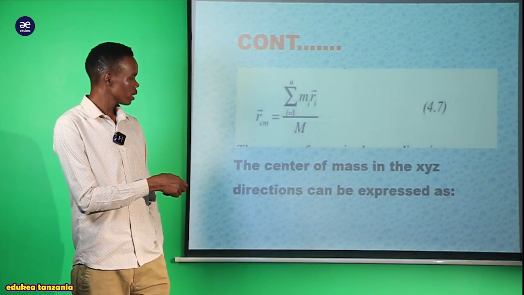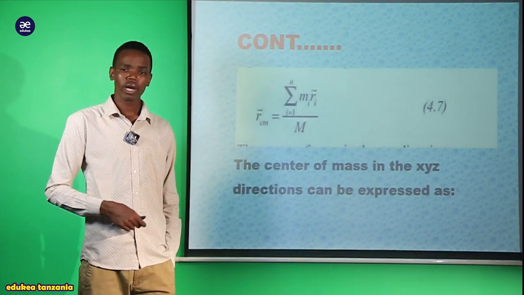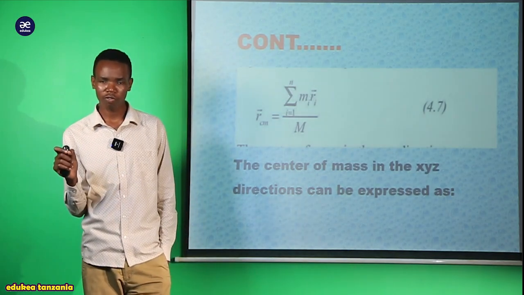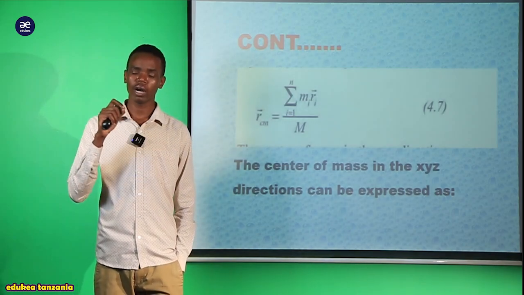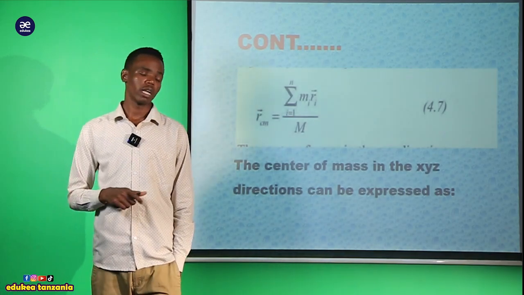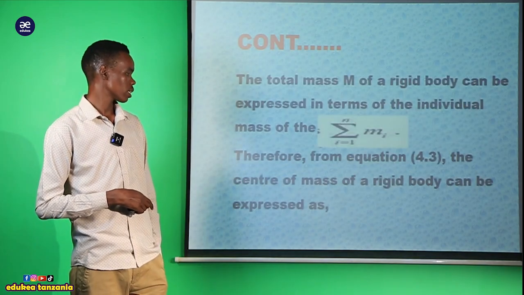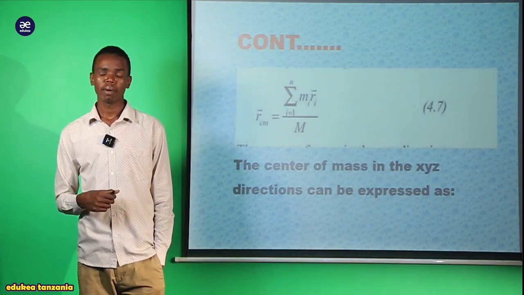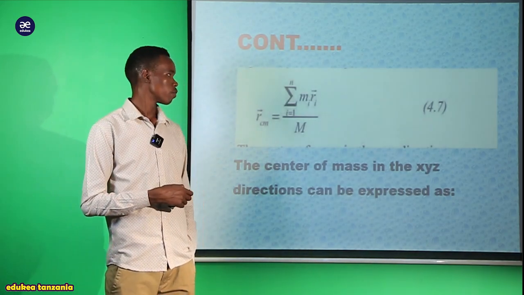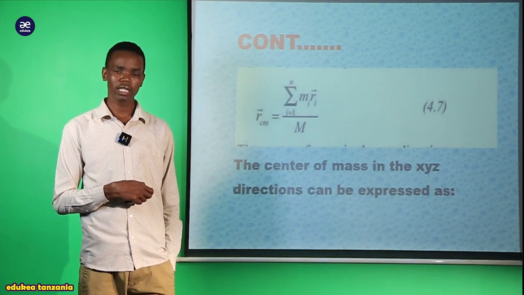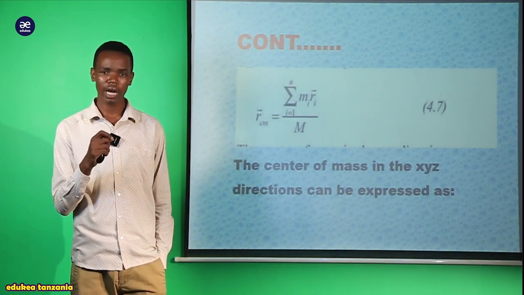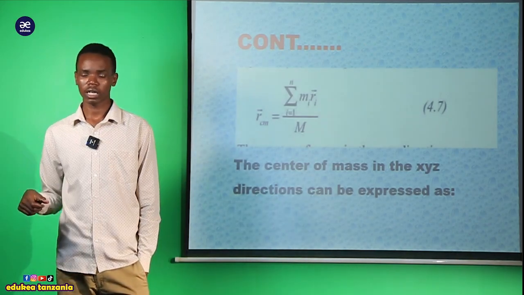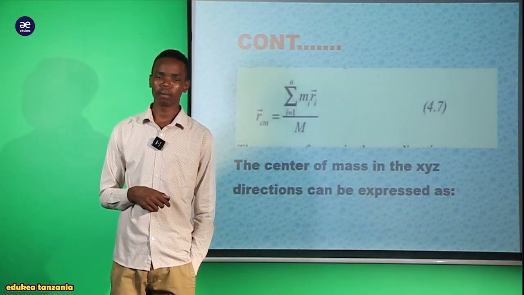So instead of using the summation of the masses below, we are supposed to use the individual masses. And our formula that represents the position of the center of mass, R_CM, must be equal to the summation of m_i times the vector r_i, with i starting from 1 up to n, up to the final value of n, as we observe here.